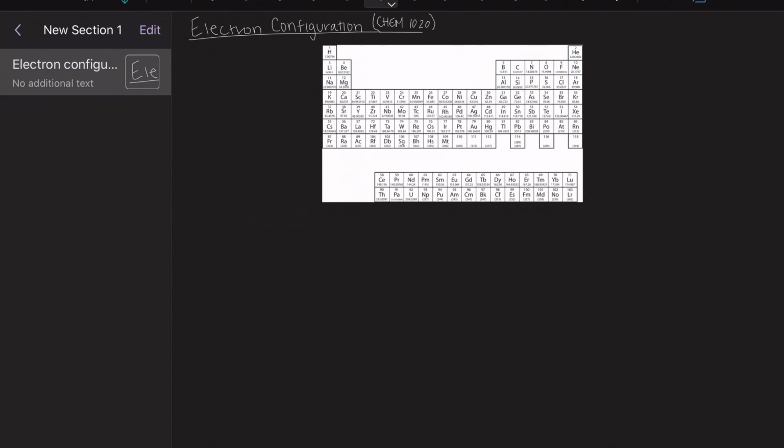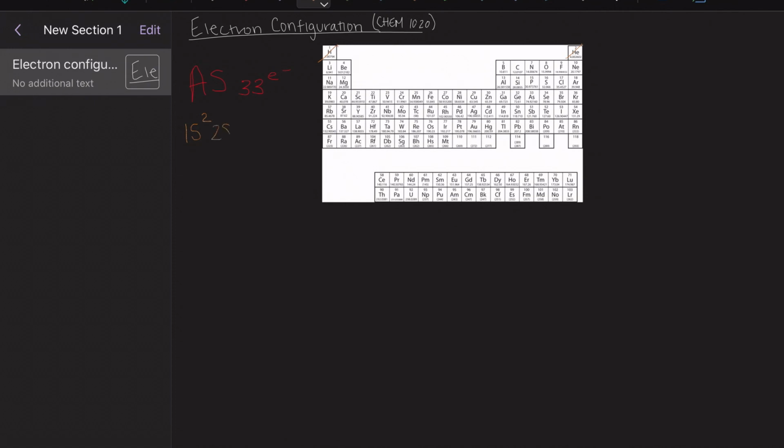Now let's try a slightly harder example. Let's look at arsenic, which we know has 33 electrons. So, to fill in arsenic, we'll start exactly the same as we did for phosphorus. So, we'll fill in our 1s with 2 electrons, and we can cross these out.